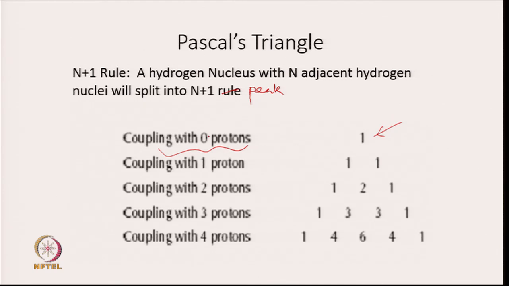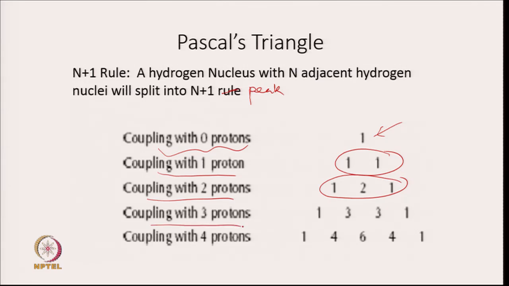So, 0 plus 1, 1 peak. If coupling is with 1 proton, you will get 2 peaks, 1 plus 1, 2 peaks in the ratio 1:1. If the coupling is with 2 protons, the proton peak will be split into 3 different peaks with the ratio 1:2:1.